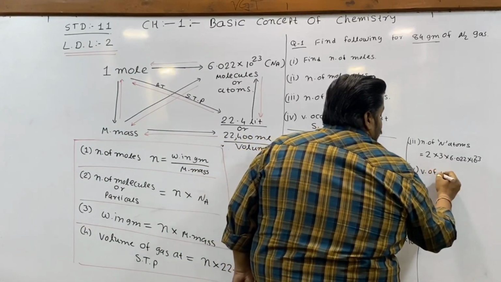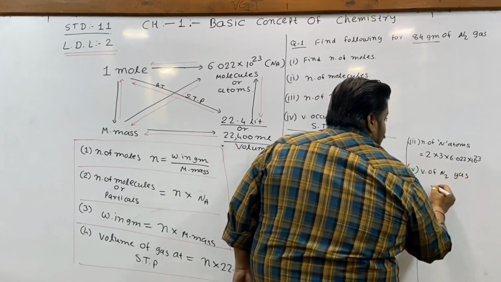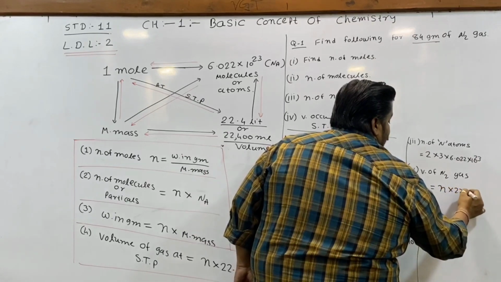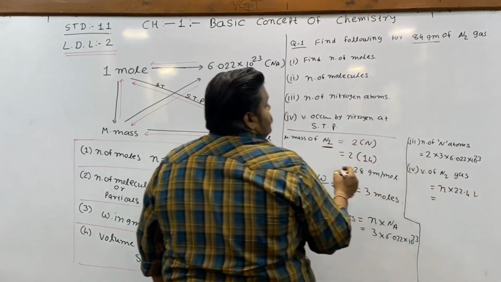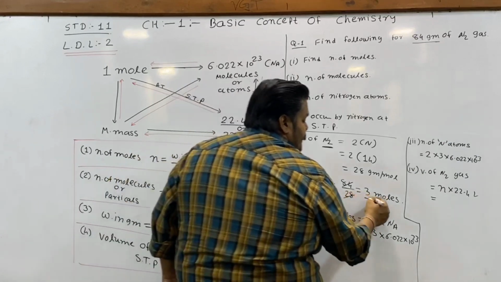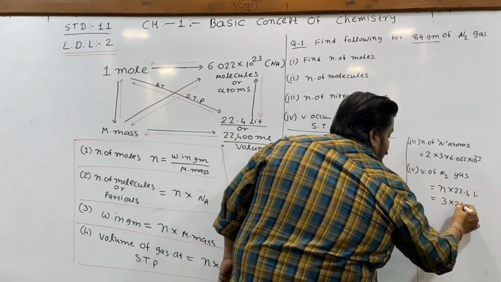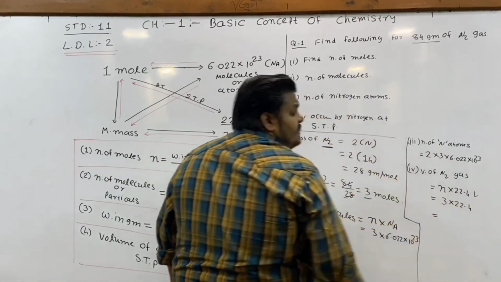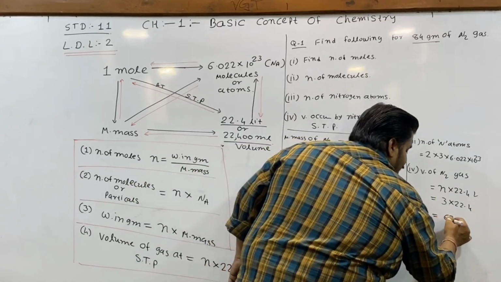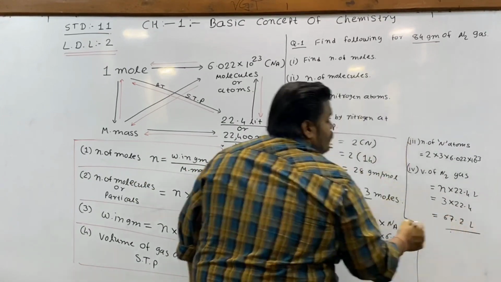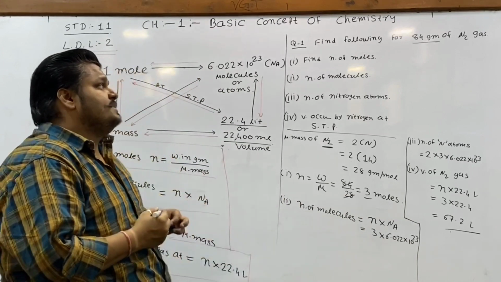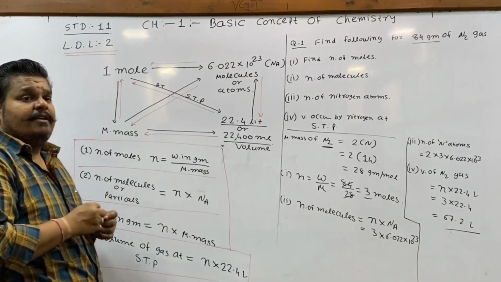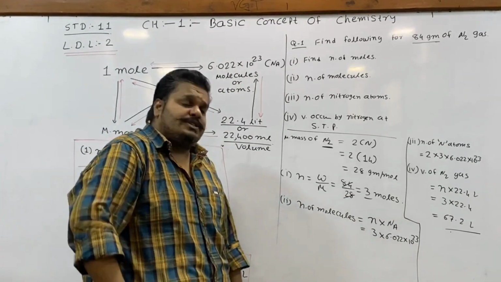Volume of N2 gas is N into 22.4 liter. How many moles do we have? 3 moles, and 3 into 22.4 is 67.2 liter volume occupied by nitrogen gas at STP when 84 gram of nitrogen is given.